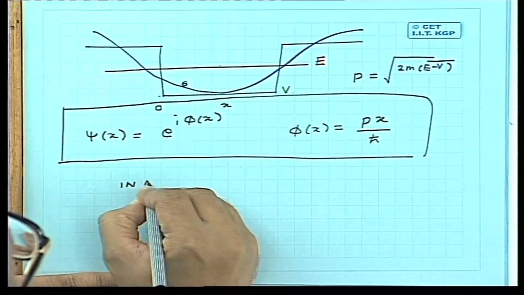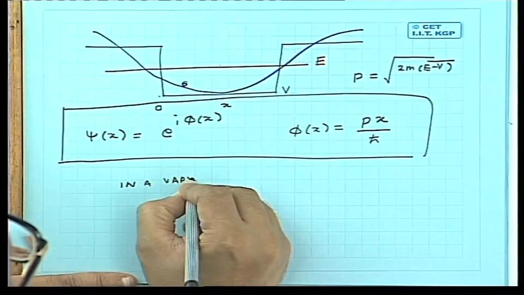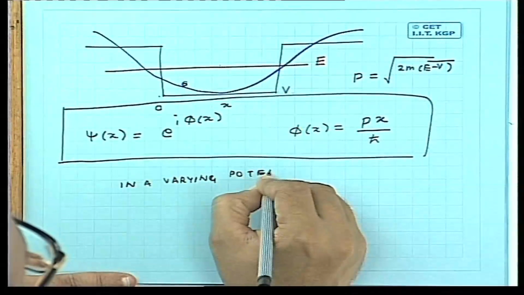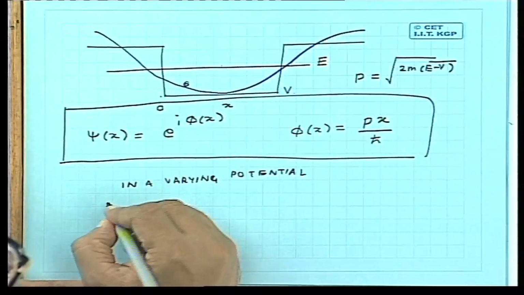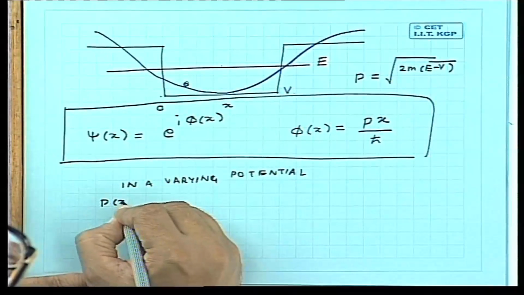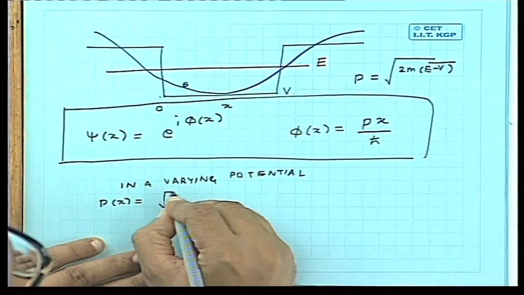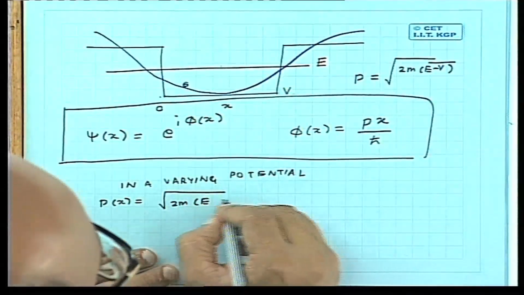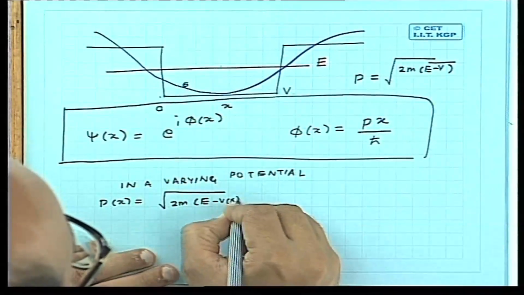So in a varying potential, p is now a function of x, and this is equal to the square root of 2m(E minus V(x)).